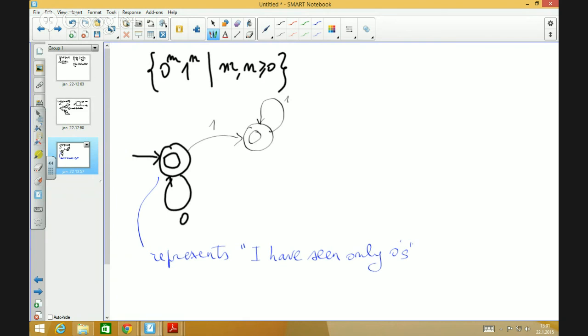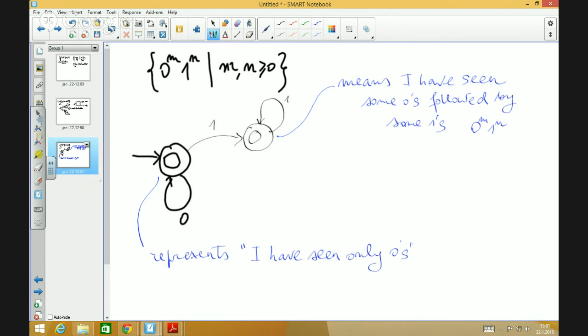This makes sense because this state actually intuitively means I have seen some zeros followed by some ones. I have seen a string of the form m zeros followed by n ones, which are the strings that I'm interested in.